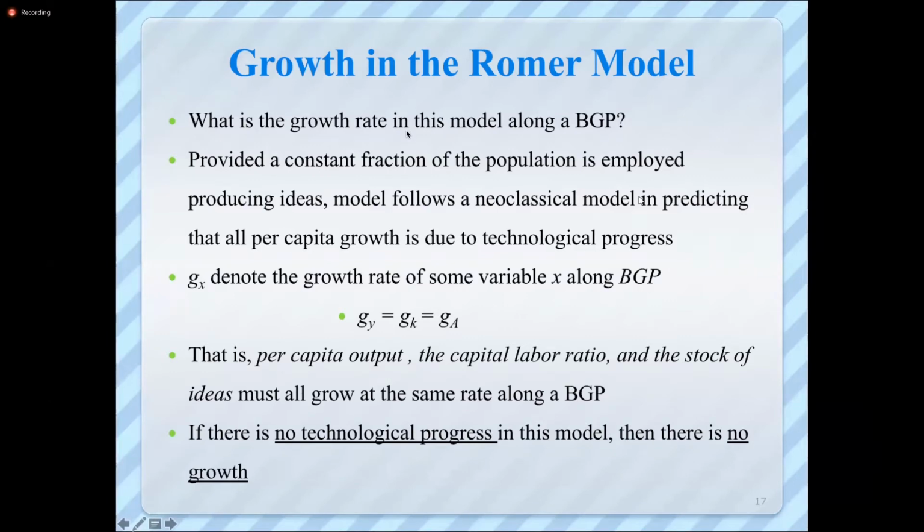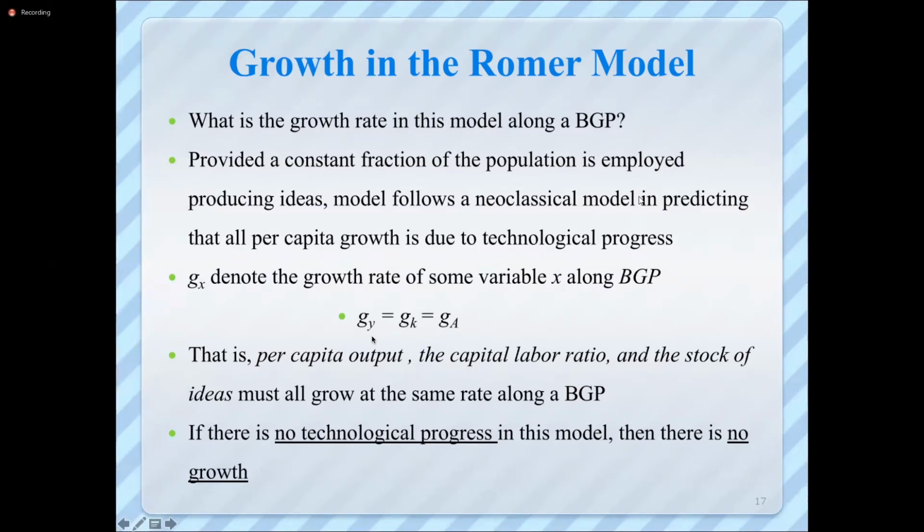So what about in this Romer model? What is the growth rate in this model along the BGP? BGP means balanced growth path. Provided a constant fraction of the population is employed in producing ideas, the model follows a neoclassical model in predicting that all per capita growth is due to technological progress. So g_x here denotes the growth rate of some variable x along the BGP.